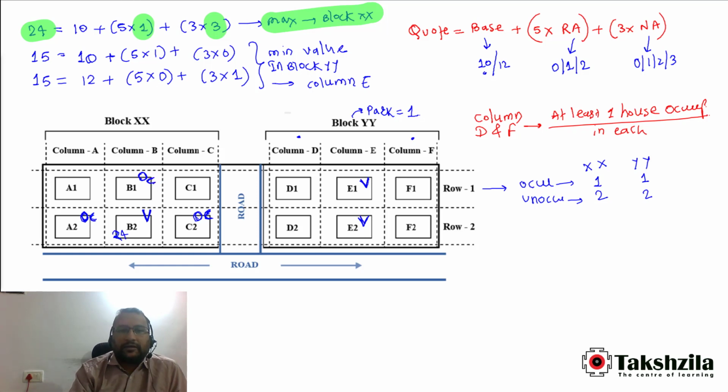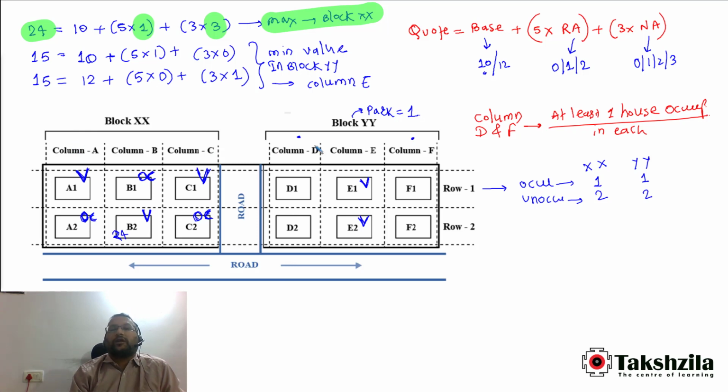It is given that in row 1 only one house is occupied in each of block XX and block YY. In block XX, that one house is B1. It means A1 is vacant and C1 is vacant. So we're done with the data of block XX.